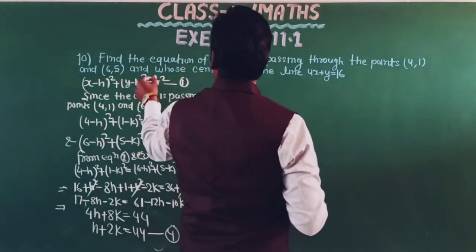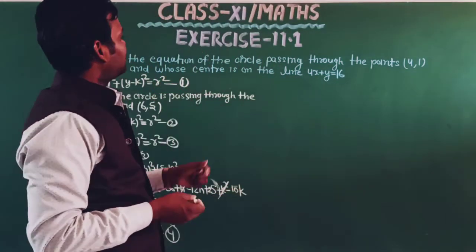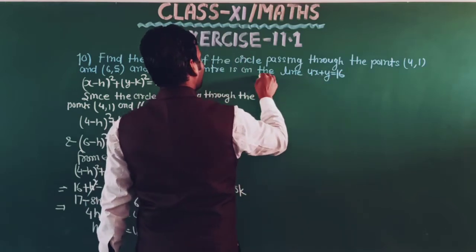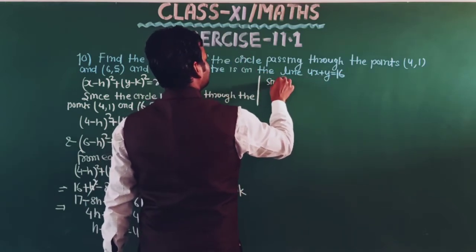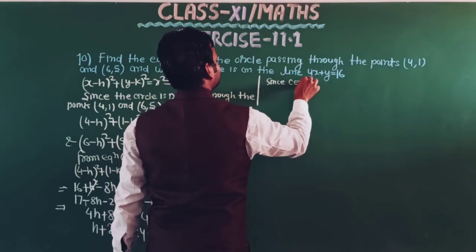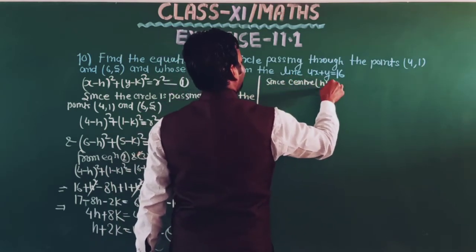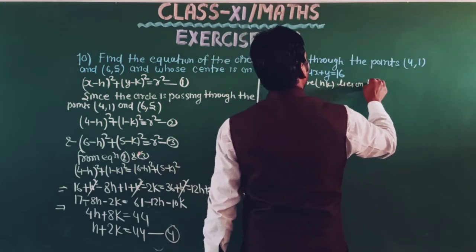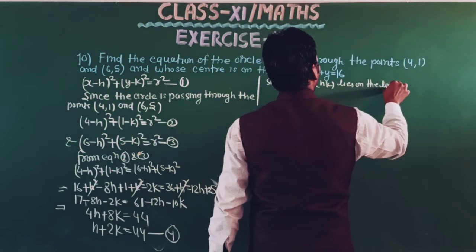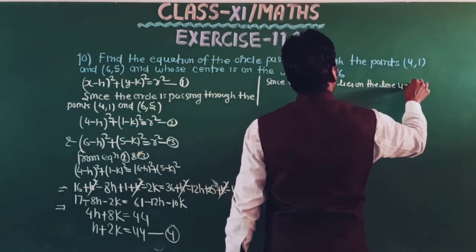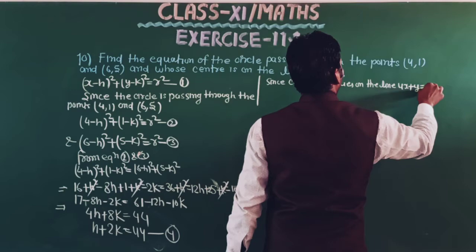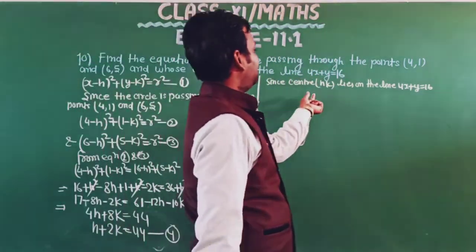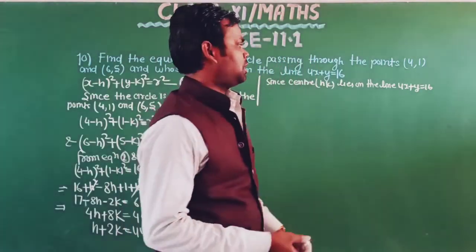And we are also told that the center lies on the line 4x plus y equal to 16. So since the center (h, k) lies on the line 4x plus y equal to 16, this means the center must satisfy this equation.